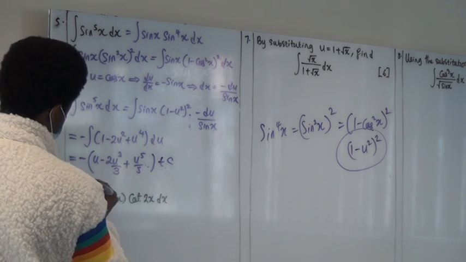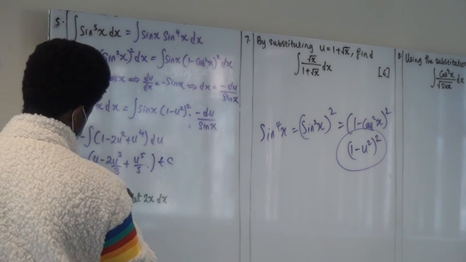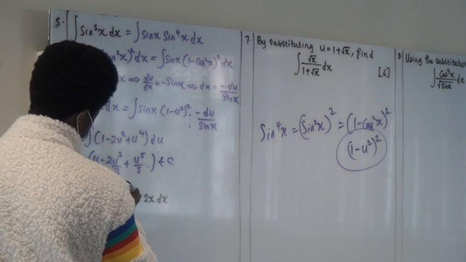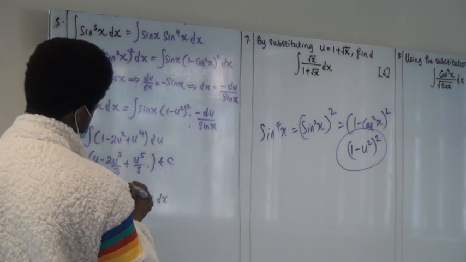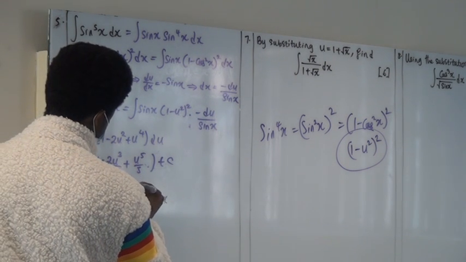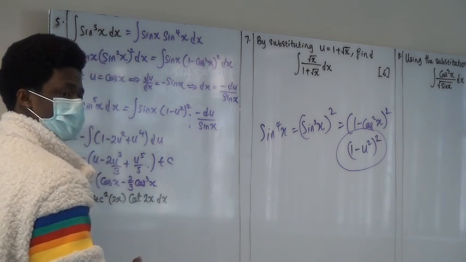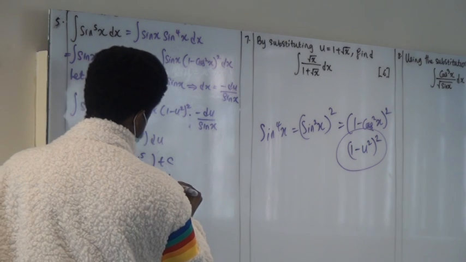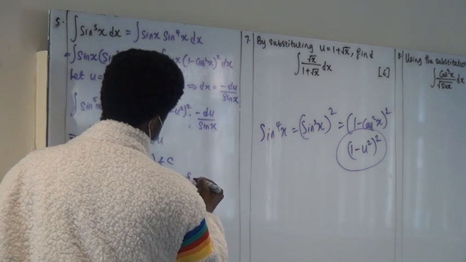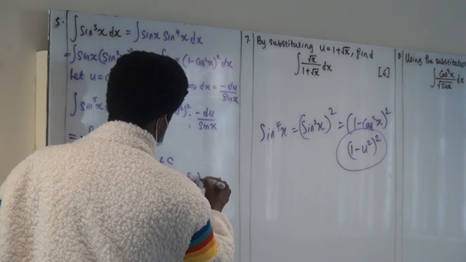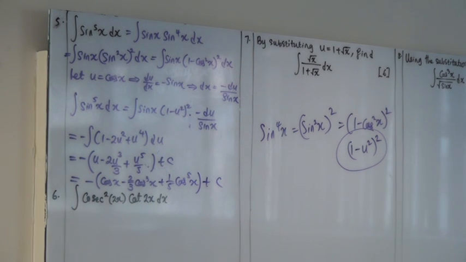So clearly, this gives minus, open bracket, cos x minus 2 over 3 cos cubed x, then plus 1 over 5 cos to the power 5 x, then plus c, close bracket here because of the minus.